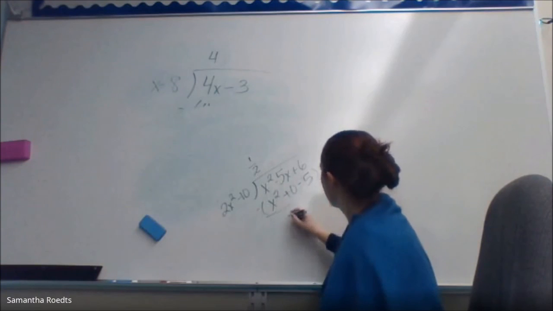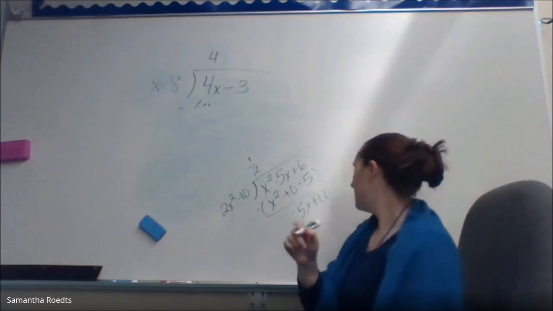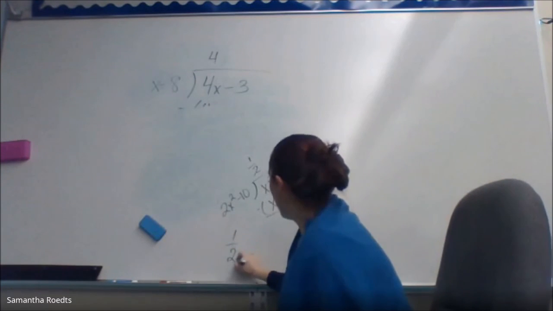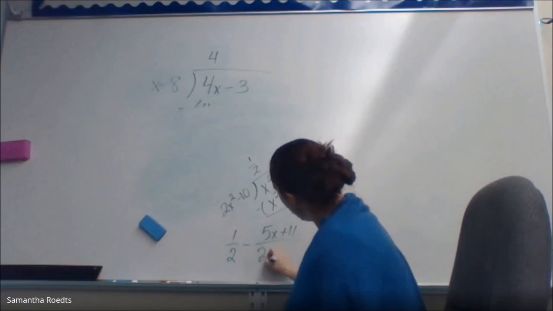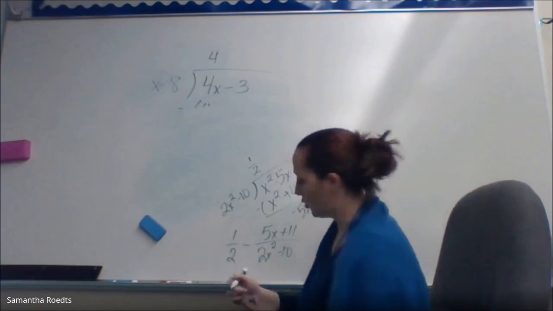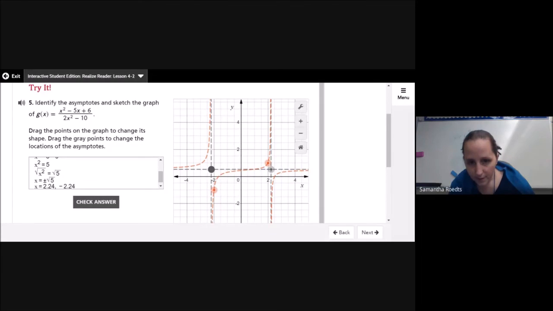Subtracting, I get negative 5x plus 11. So I have 1/2 plus negative 5x plus 11 over 2x squared minus 10. So 1/2 is my horizontal asymptote. Okay, so there's my graph as of right now.